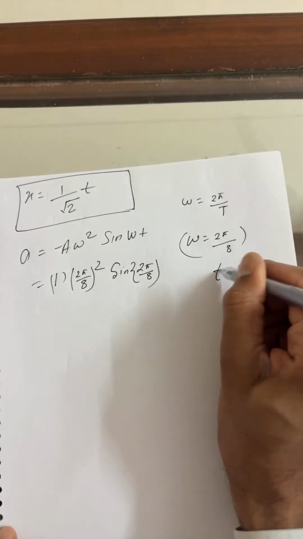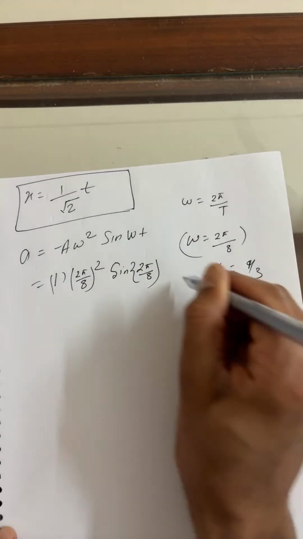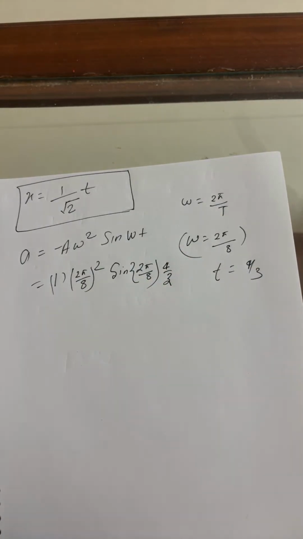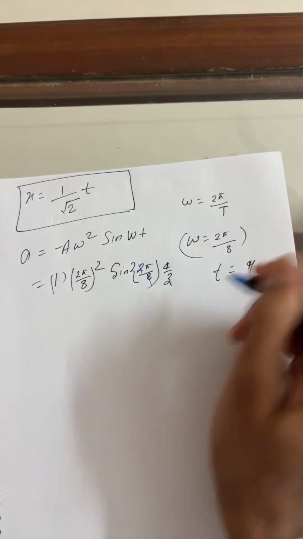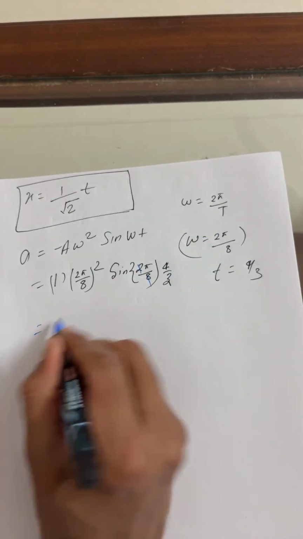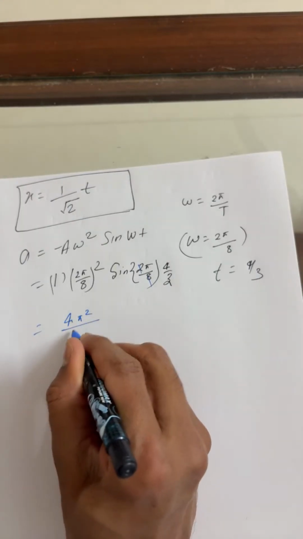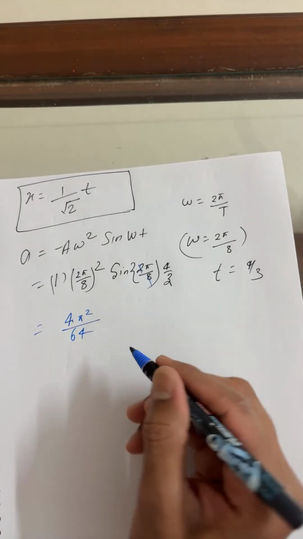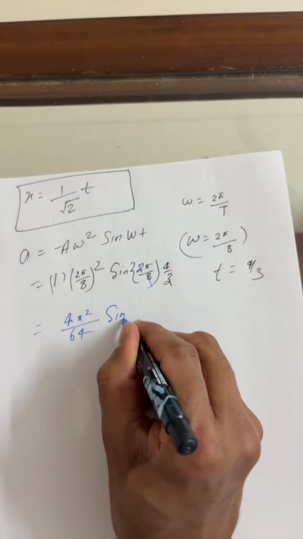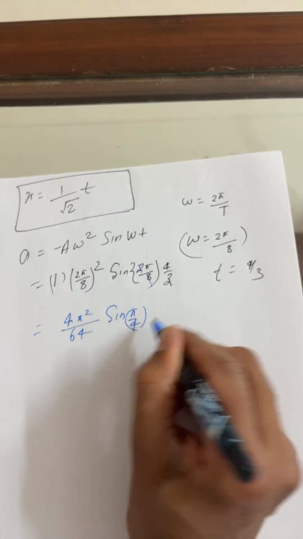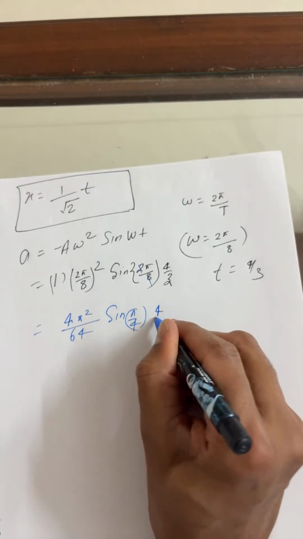The timing mentioned in the question is 4 by 3 seconds. So you can write 4 by 3 seconds here. So you can see that this cancels. Finally you can write this as 4 pi square by 64 into sine of pi by 4 into 4 by 3.